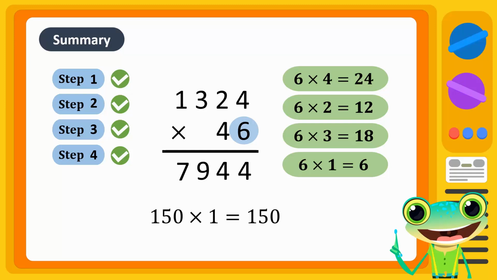When we have numbers that are greater than the single-digit number at the bottom, we multiply each digit individually with digits at the top, and answers are added together to get the product of the given numbers. We also learnt about the multiplicative identity. When 1 is multiplied with a given number, the number stays the same.